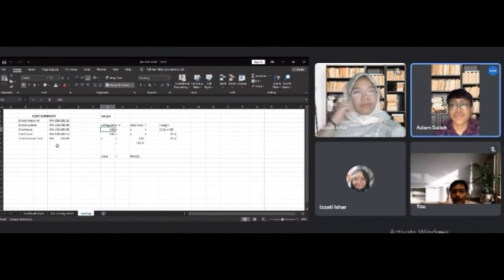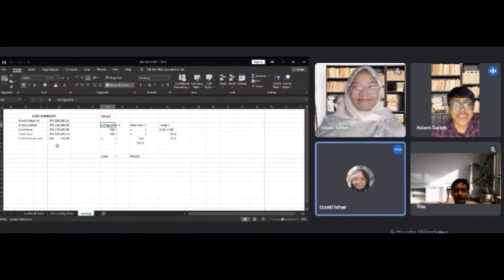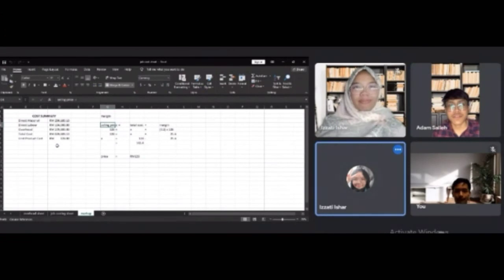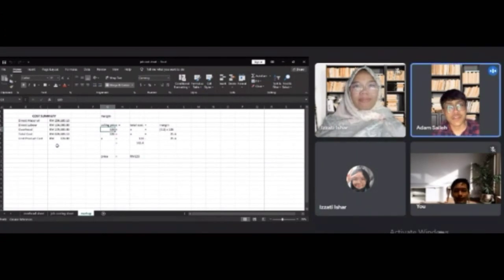That's why margin makes it easier to predict profitability. For the formula of margin, selling price equals total cost plus margin. Then we calculate 128 equals X plus 0.2 times 128.